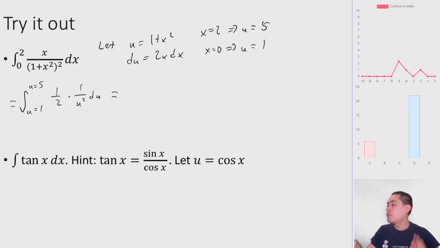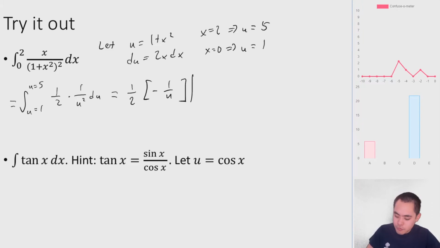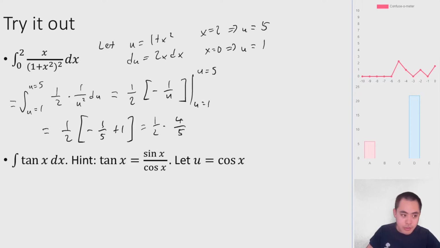And now that you've turned it into this form, it's a lot easier to do the integration because this u substitution allows you to do the integral nicely. So this is equal to 1/2 times minus 1 over u from u equal to 1 to u equal to 5, which is equal to 1/2 times minus 1/5 plus 1, which is equal to 1/2 times 4/5, which is equal to 2/5.